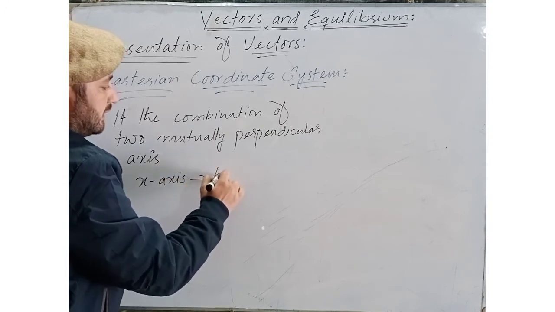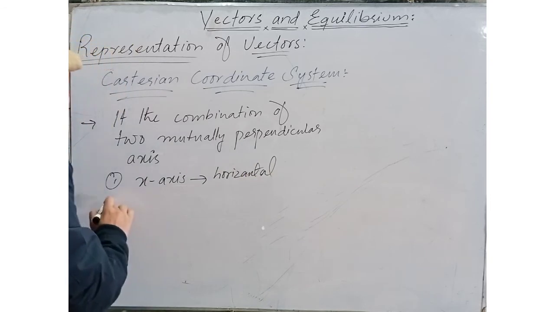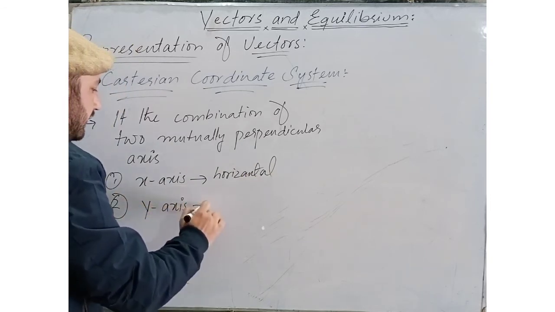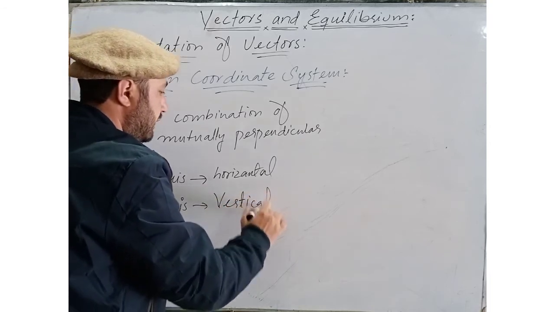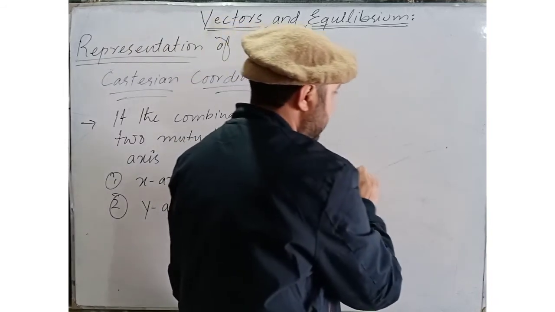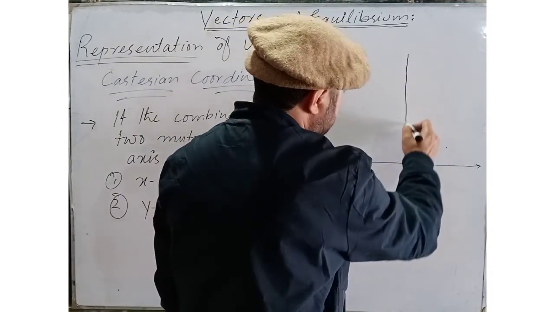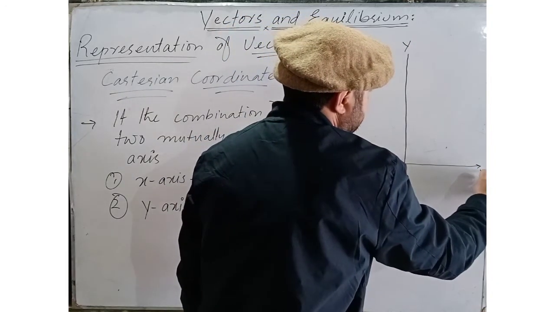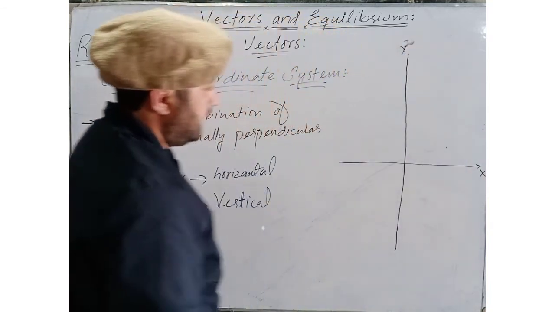It is horizontal, and the other axis we call the y-axis, and this axis is vertical. Okay, so let us say that this is the x-axis, and the other axis that is perpendicular to the x-axis we call the y-axis. So this is the x-axis and this is the y-axis, right?